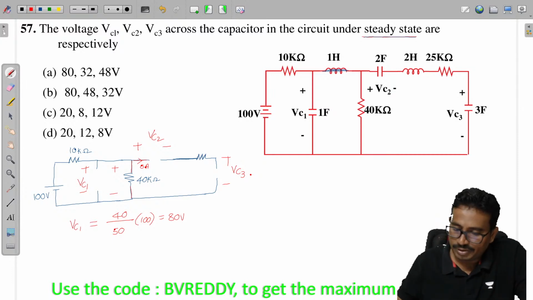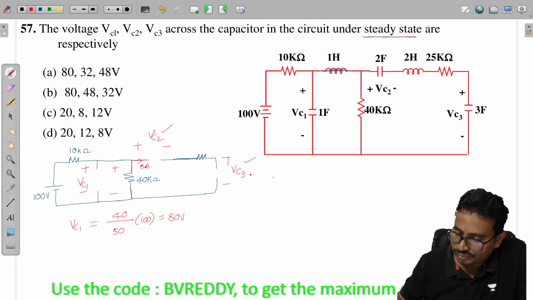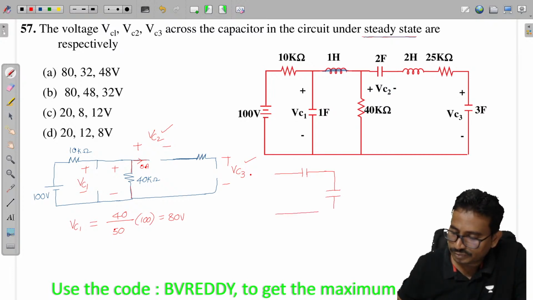That 80 volts will be divided across these two capacitors, C2 and C3, isn't it? If I redraw this part separately, we have two capacitors, and of course there is no flow of current, so there is no voltage across the resistor. Simply, I can remove the resistor also.